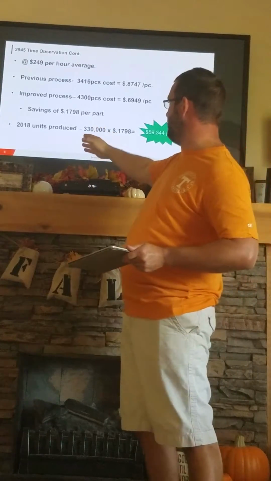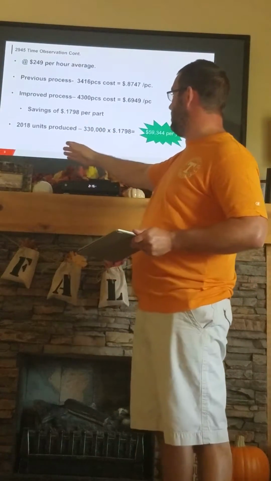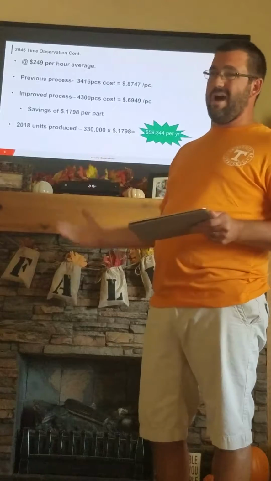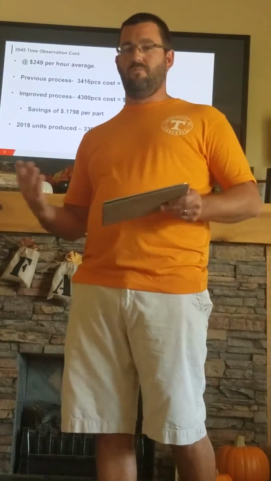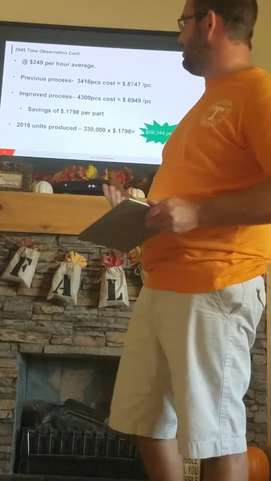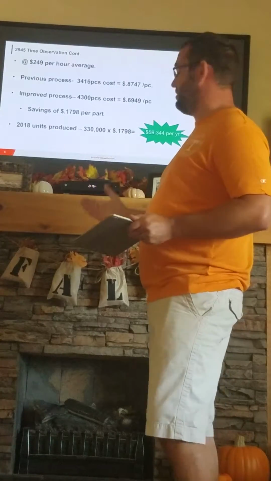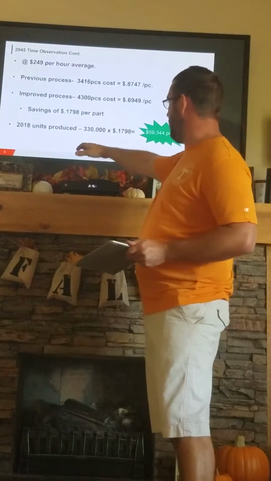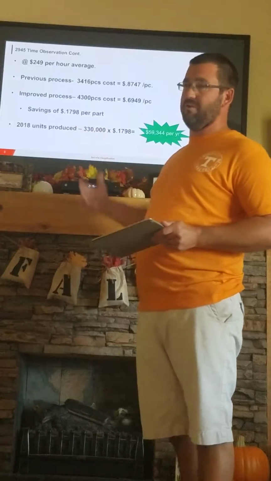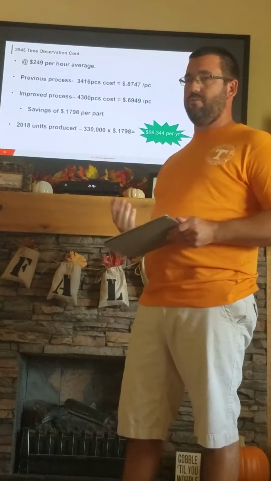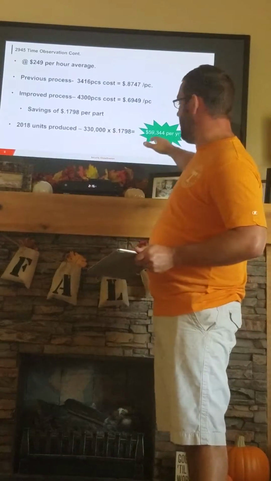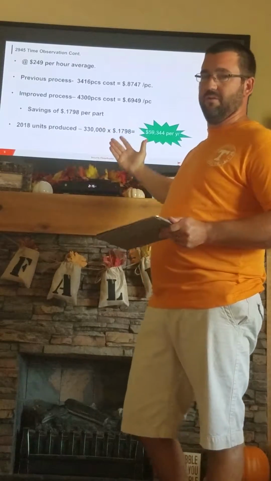So now you have a savings of nearly 18 cents per part. And this is a high volume part that we produce at our facility. At 18 cents per part savings across 330,000 units annually, we would save approximately $60,000, nearly $60,000.